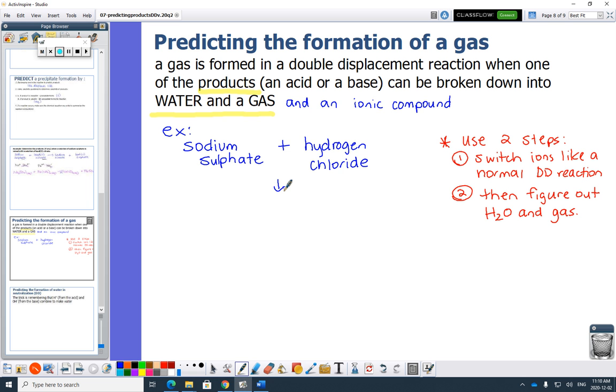Sorry, I shouldn't have written that there, but that's it. In this one, you don't normally have to write the word equation, but we can do it here. So sodium sulfate, hydrogen chloride is going to make hydrogen sulfate and sodium chloride.